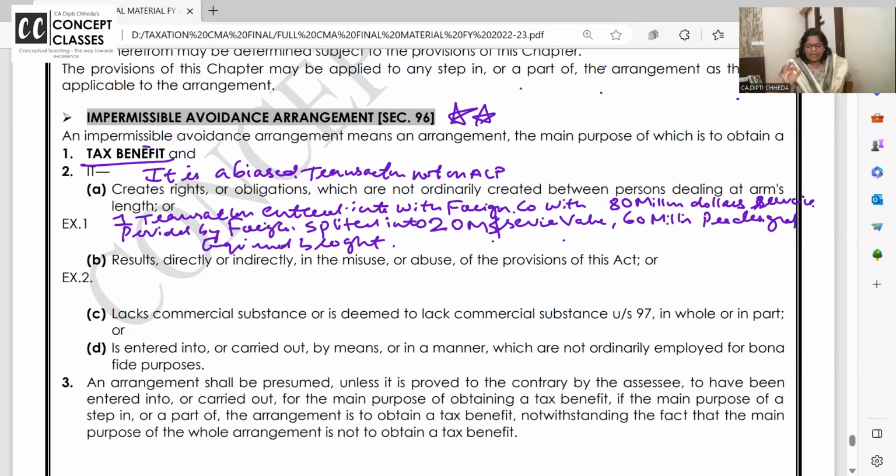Is my example clear? I want an answer from you all. 2 minutes.